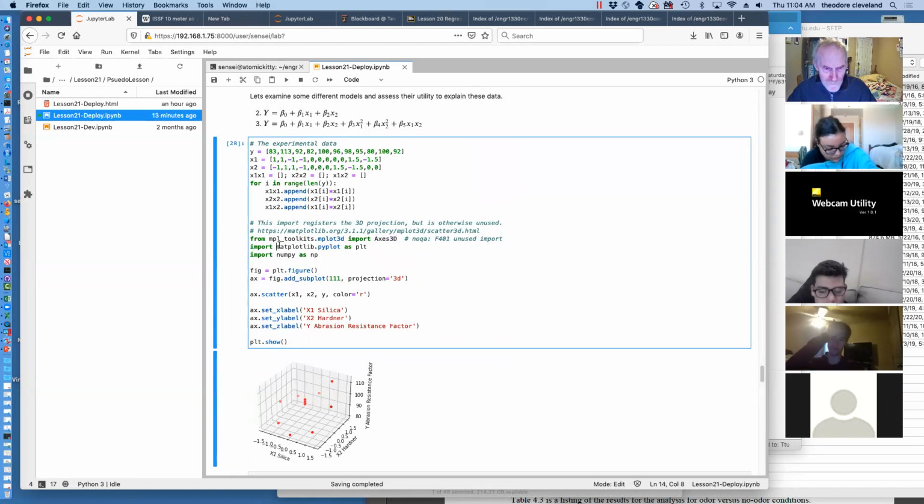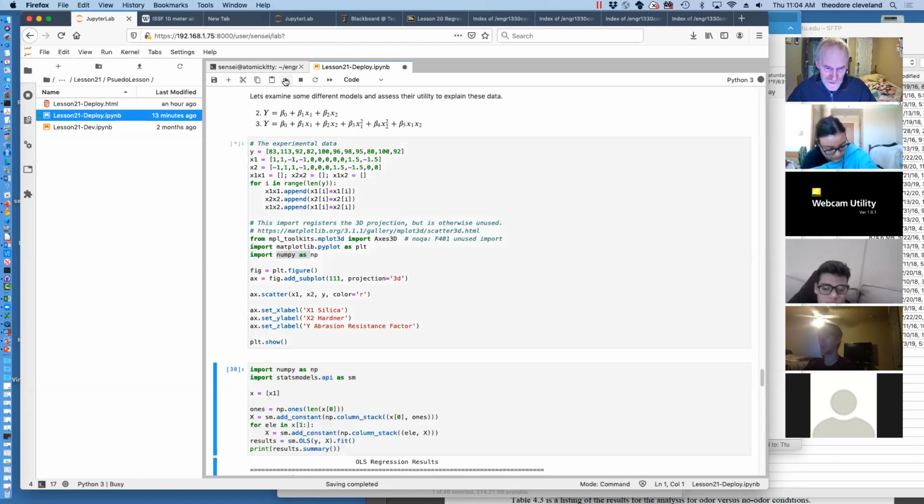Then I'm going to import from matplotlib pyplot as plt and our friend NumPy, and then I'm going to attempt to plot our actual experimental data, our x1 and x2 values and our corresponding y values.